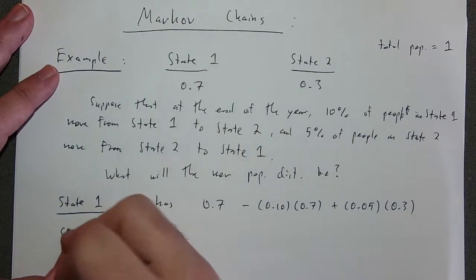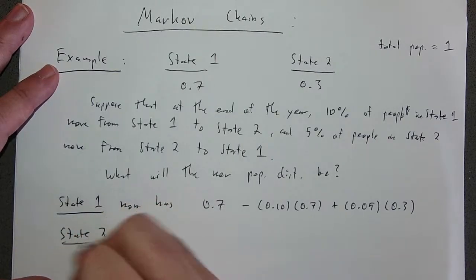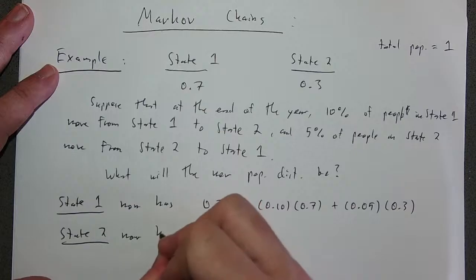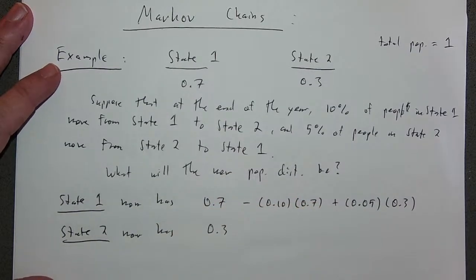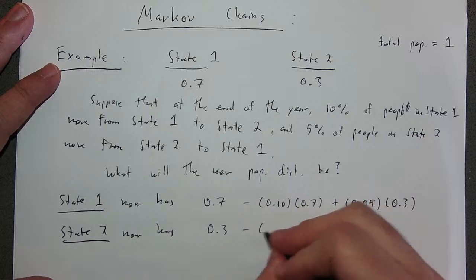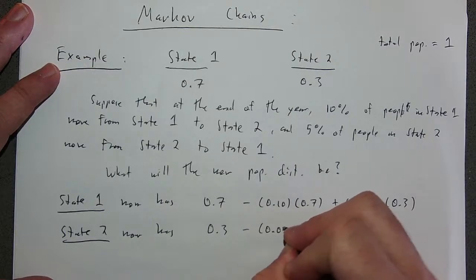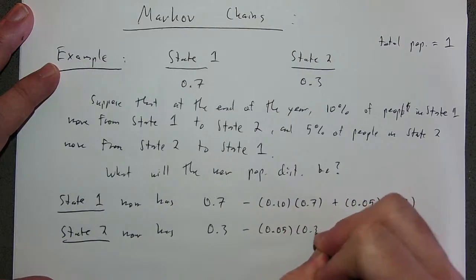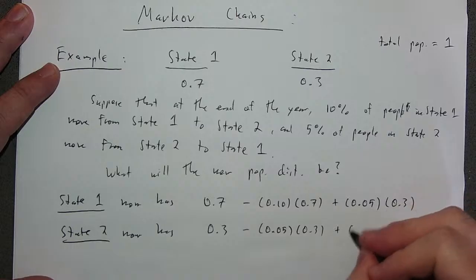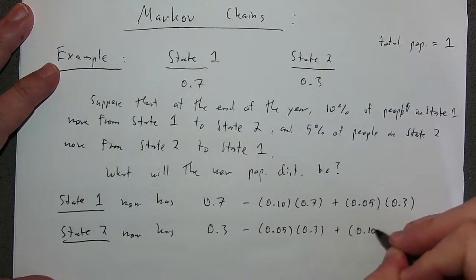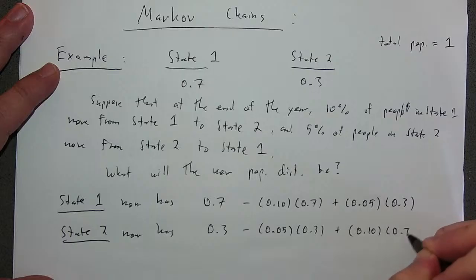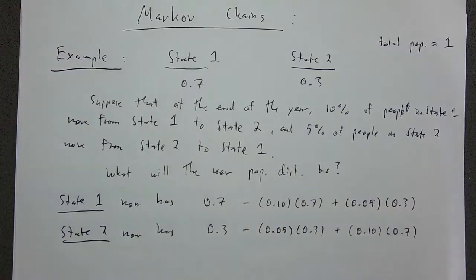And state 2 now has the amount it started with, minus those that are leaving, which is 5%, plus those that are moving from state 1, which is 10% of state 1's population.